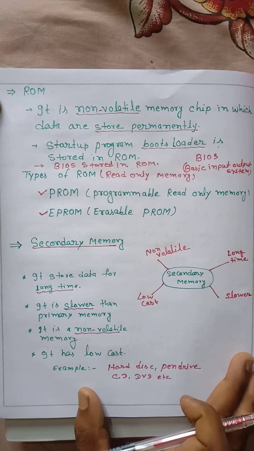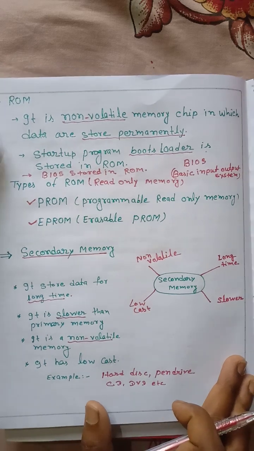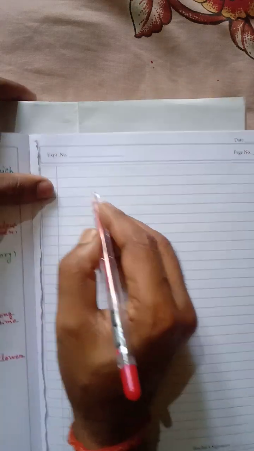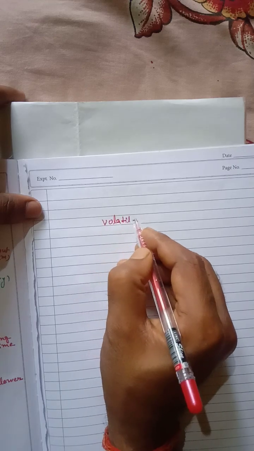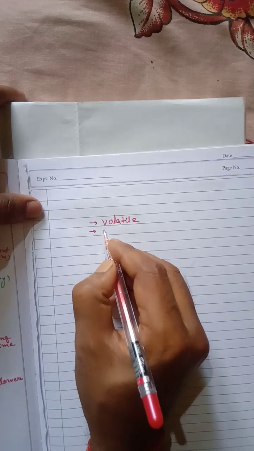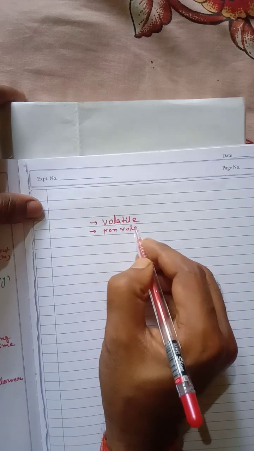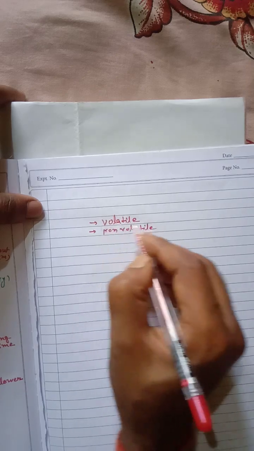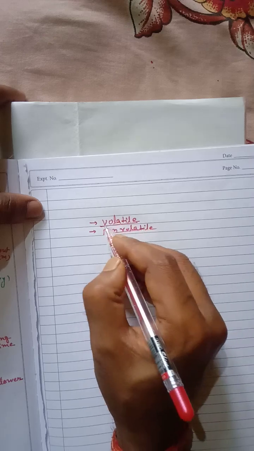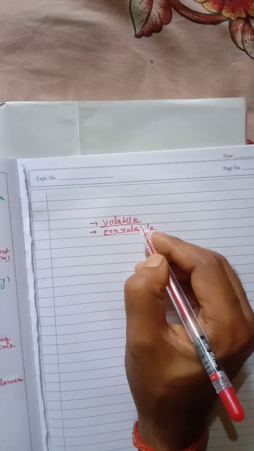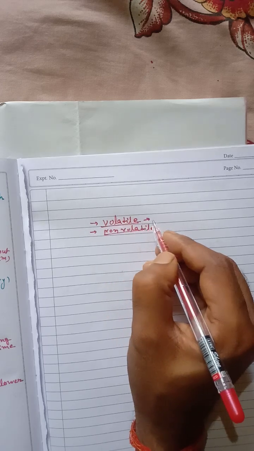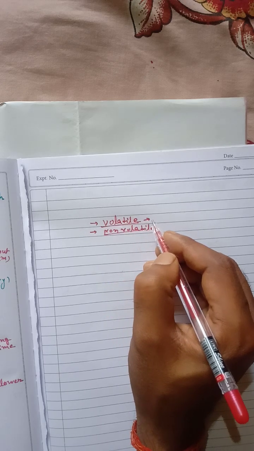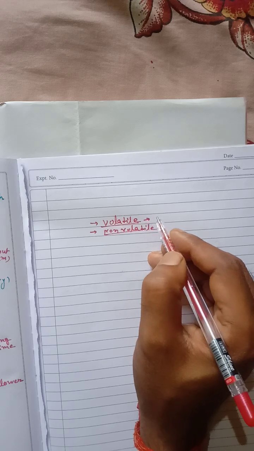Before that, we have to learn what is volatile and non-volatile. In volatile memory, data will be stored till the computer's power is on.